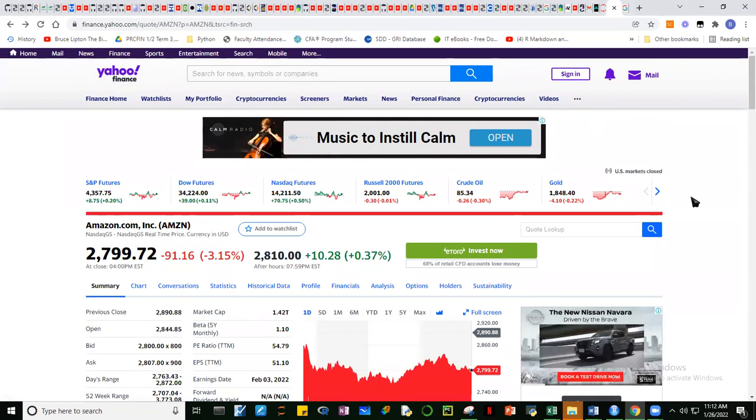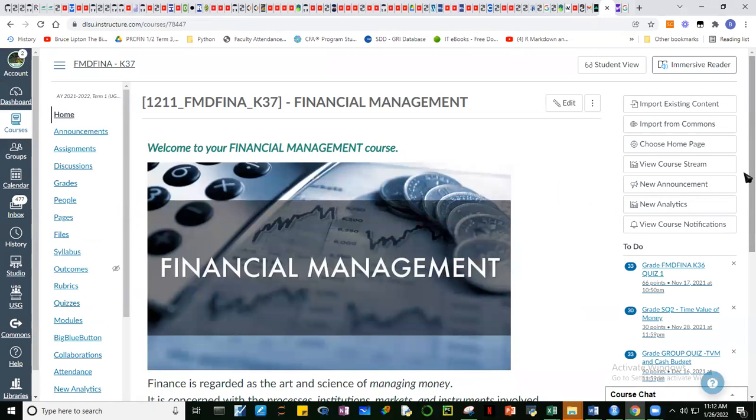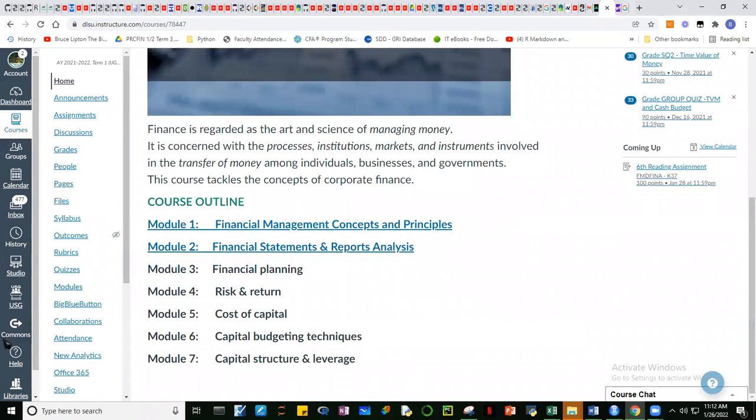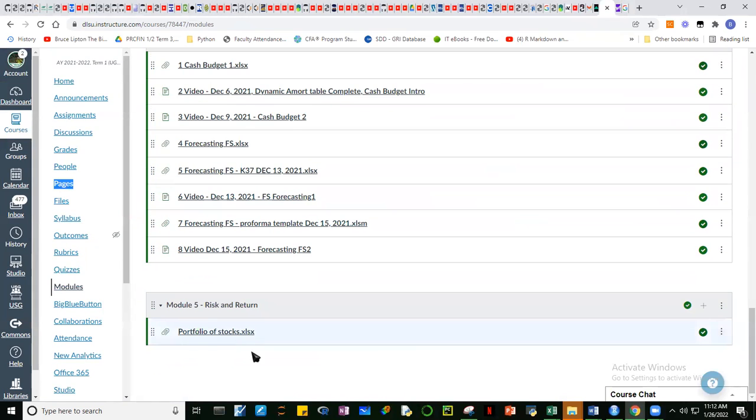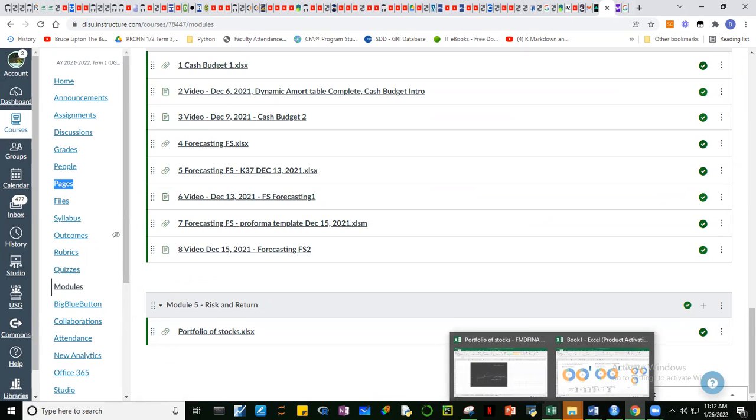So that we are on the same page, I posted in our modules. Paki-download na lang guys sa modules yung pinost ko na Excel file. This one, no? Portfolio of stocks. Kindly download that. We're going to use that now.